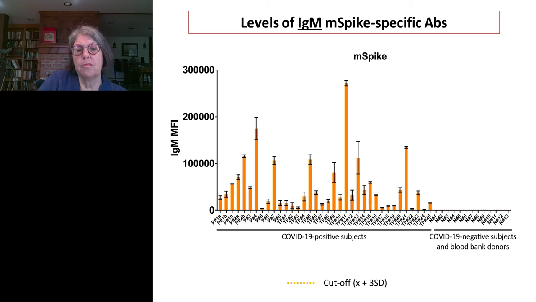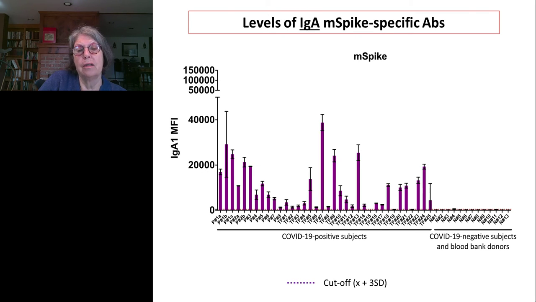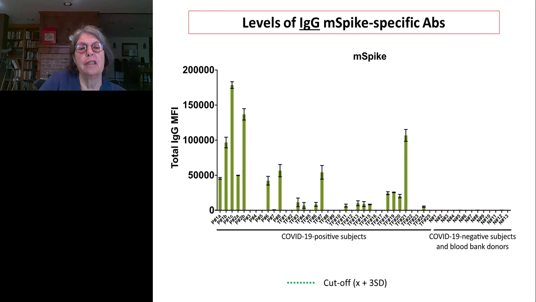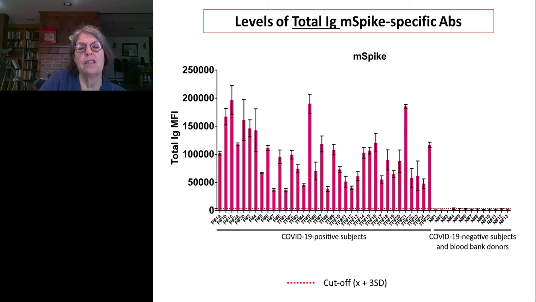And so we could look at patients and say, okay, this patient, let's say the first bar, is in the first quartile for IgM, but is perhaps in a higher quartile, the second quartile, for IgA, and is, let's see, in the second or just barely into the third quartile for total Ig.